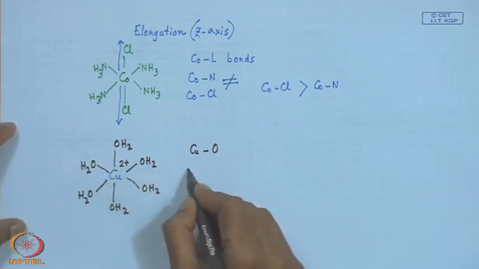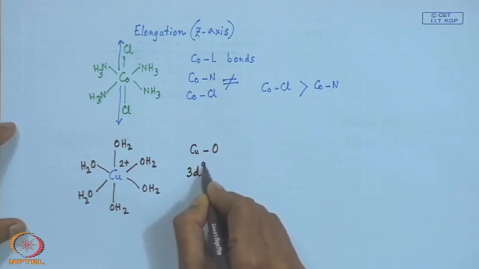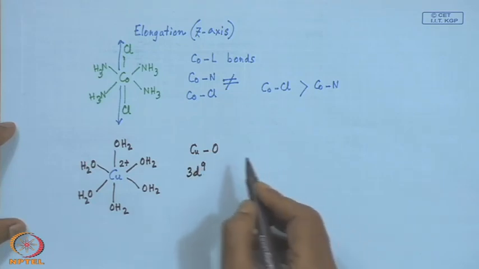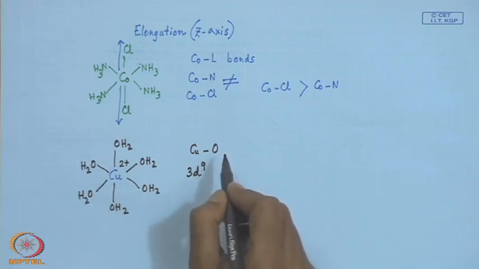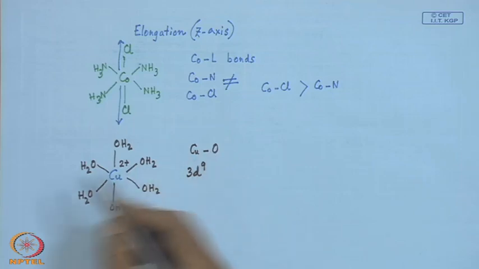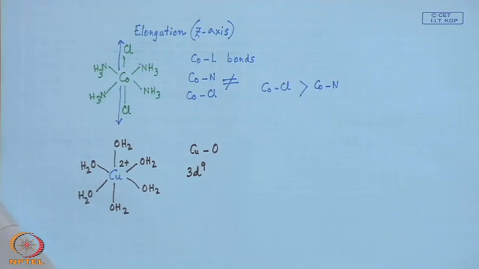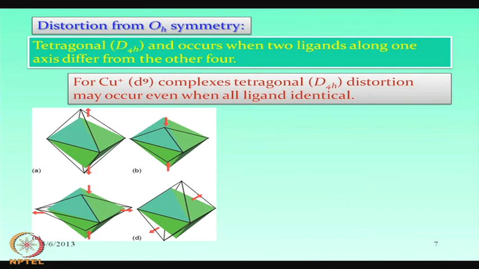Since the electronic configuration is 3d9, we will have two types of copper-oxygen bonds, and we get either compression or elongation. This is the elongation, this is the compression. This is for the tetragonal system, where we find that it changes along the z axis. So, the z axis is either elongated or it can also be compressed.